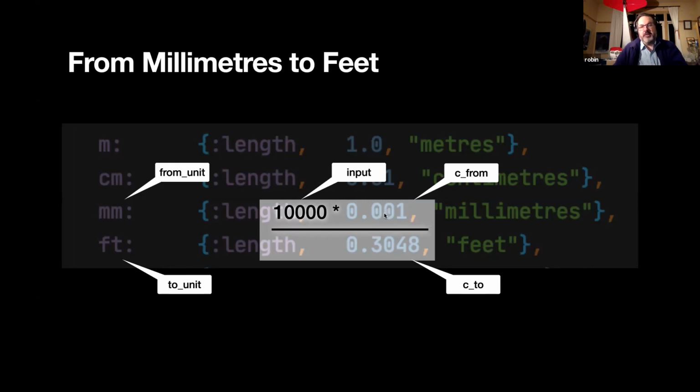Then we divide it by the to coefficient, and that will give us the answer in feet. So 10 divided by 0.3 is about 32 or something like that. Okay, so that's the sort of maths that we do for a conversion. We go from the from unit to our home unit, which is meters in this case, and then we divide it by the to coefficient to get feet.